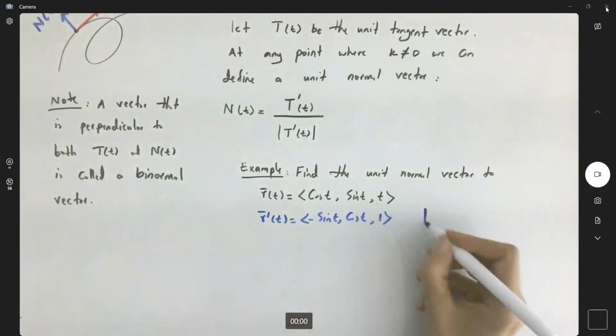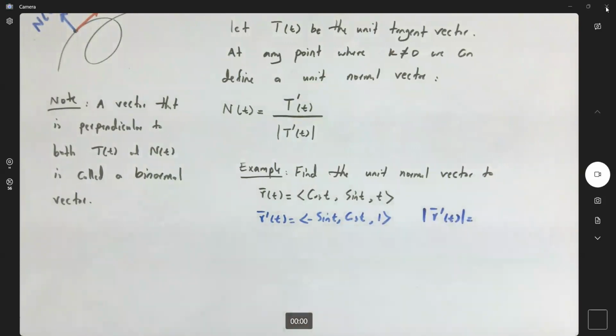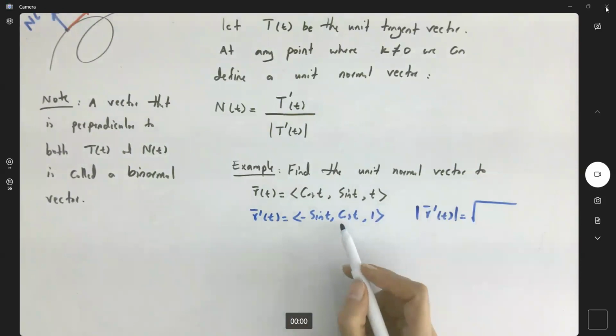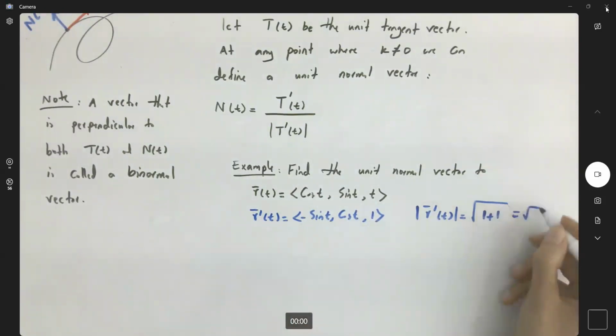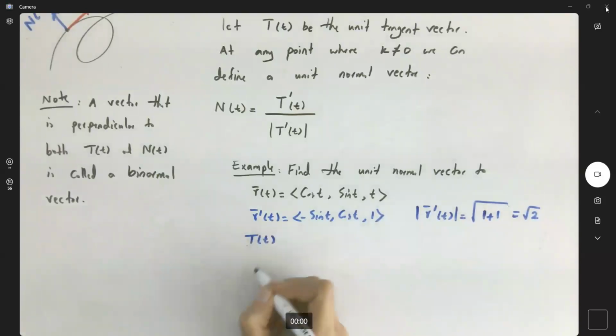The magnitude of r prime is equal to the square root of negative sine squared plus cosine squared plus 1 squared, which is 1 plus 1, or square root of 2. Well, remember the formula for unit tangent vector.